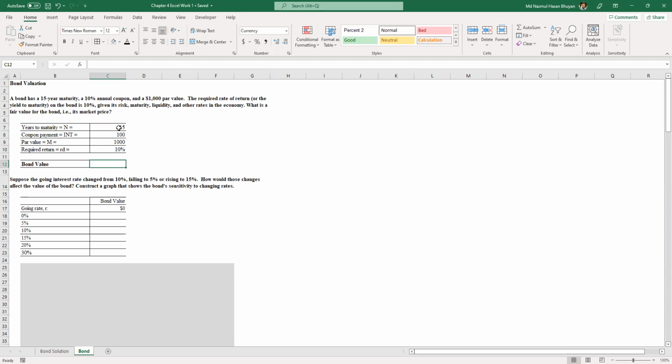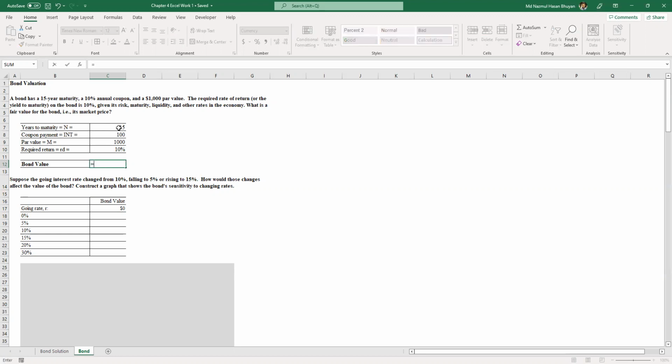So whenever we don't know a specific date, but we know the number of years after which the bond will mature, then we are always going to use the regular PV formula to calculate bond value. And then in this particular scenario, if we are required to calculate yield to maturity, then we are going to use the rate formula to calculate the yield to maturity.